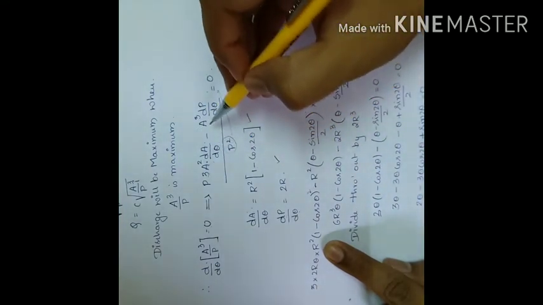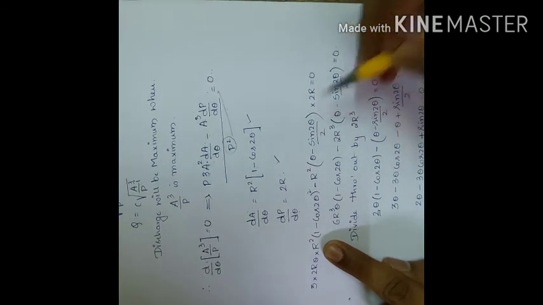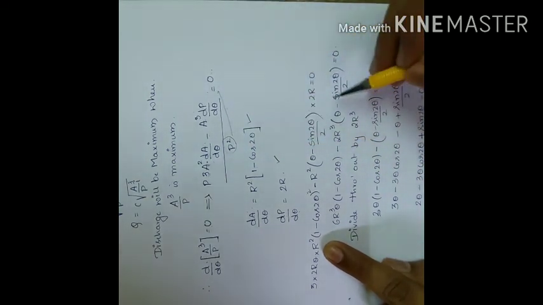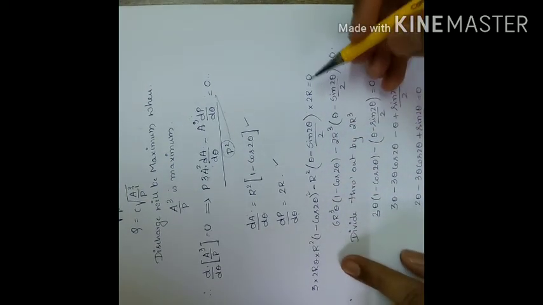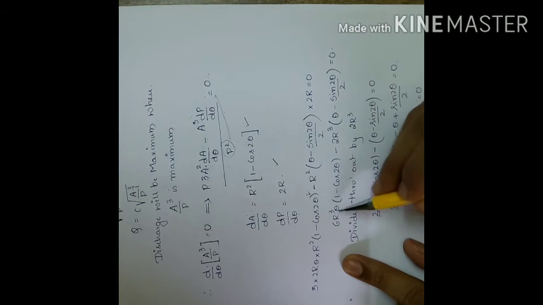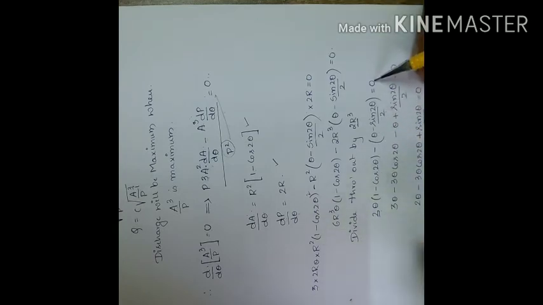Next, minus A cube dP by d theta is substituted here, whole divided by P square, which is already 0. Now I need to divide throughout by 2r cube. So it will remain 3 theta minus 1 minus cos 2 theta minus theta minus sin 2 theta by 2 is equal to 0.